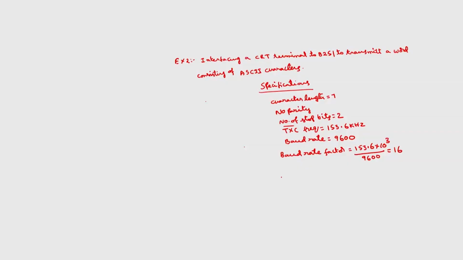To meet these specifications, we have constructed the mode word as CAH and the command word as 11H. The mode word and command word together are called the control word, as well as a status word.